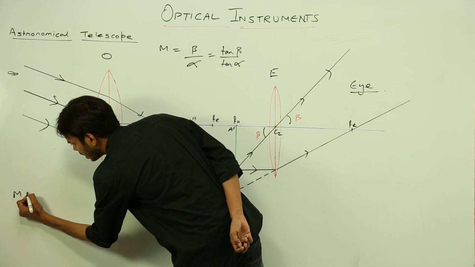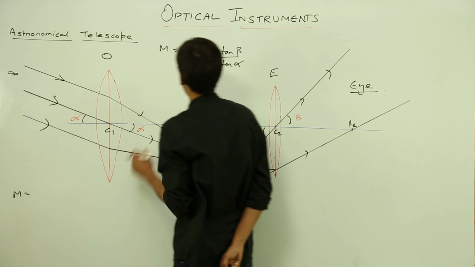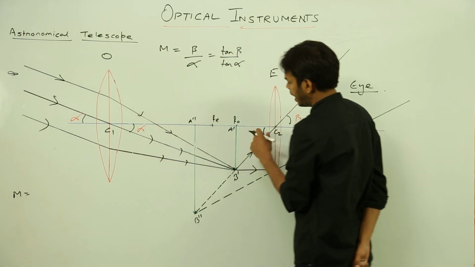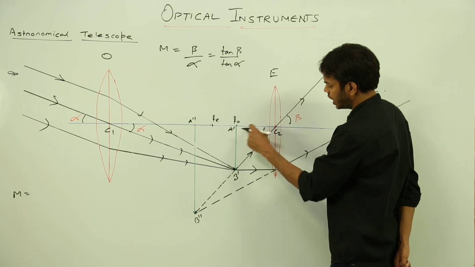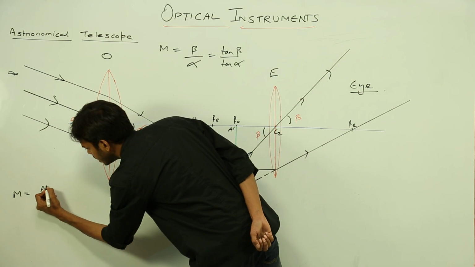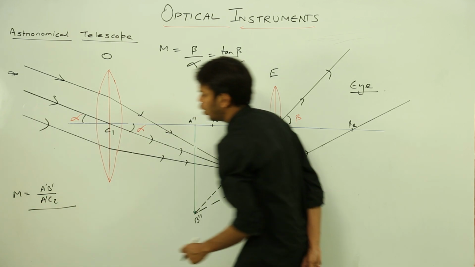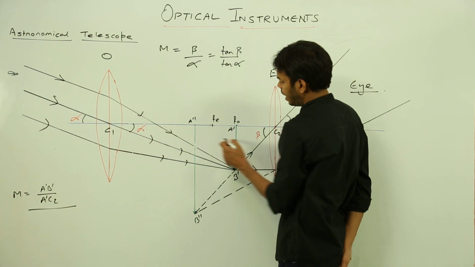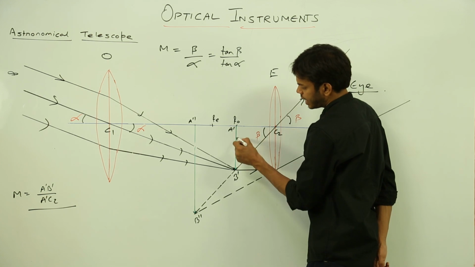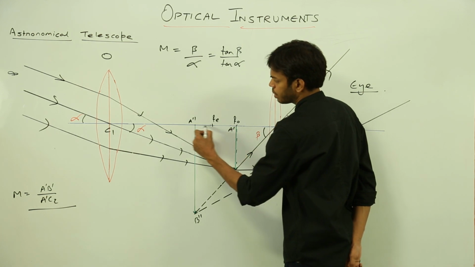So magnification, which is tan beta over tan alpha, in case of tan beta I am writing A'B' upon A'C2. This is A'B' upon A'C2 over tan alpha. Tan alpha is this height upon this base, right?